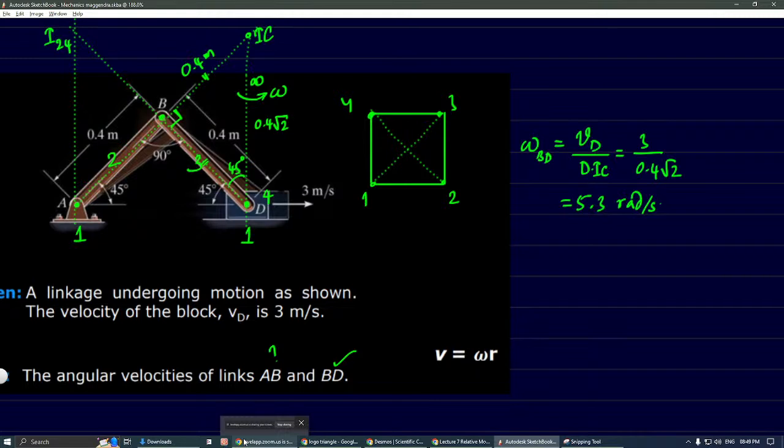Angular velocity of AB we need to find. So velocity we will need. So which velocity can you find is the question.